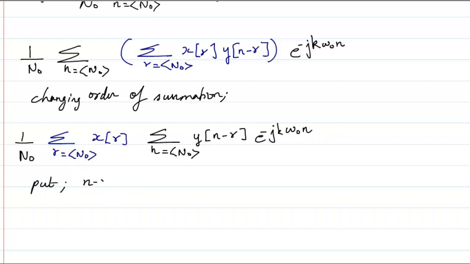Now if I put n minus r as a new variable p, therefore n can be written as p plus r.